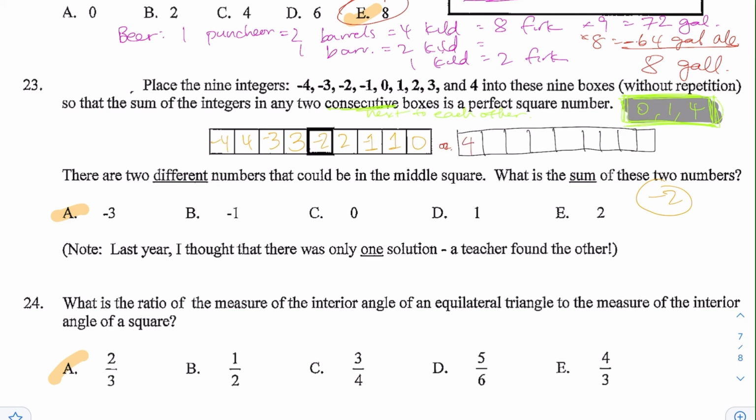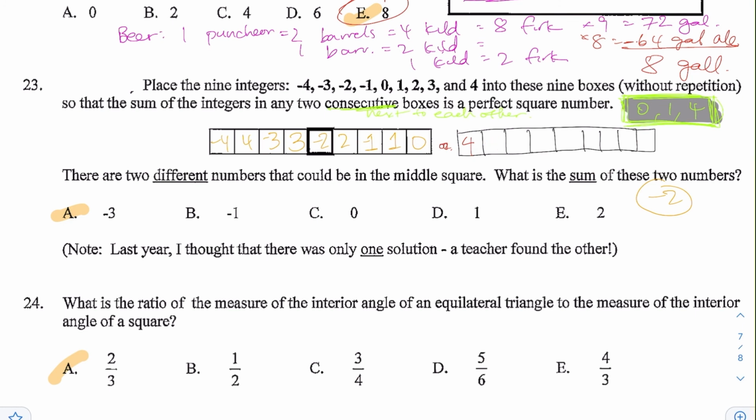If you try 4 first, that's the perfect square. Well, you try the -4, then from here you'll be stuck because -4 can't combine with any other number.